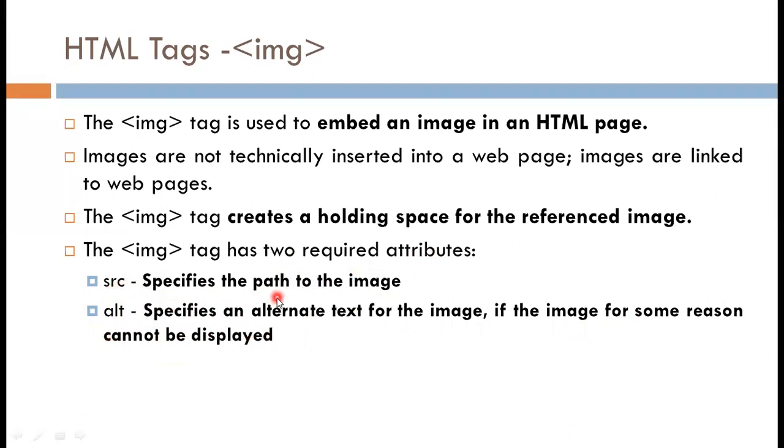SRC contains the whole path of an image, and alternate text is used when our image is not displayed, in the case of wrong image name or wrong path. Now, an example of the image tag is like this.